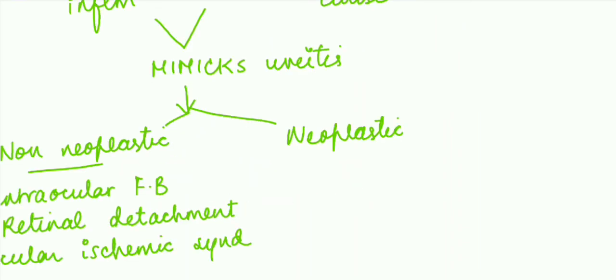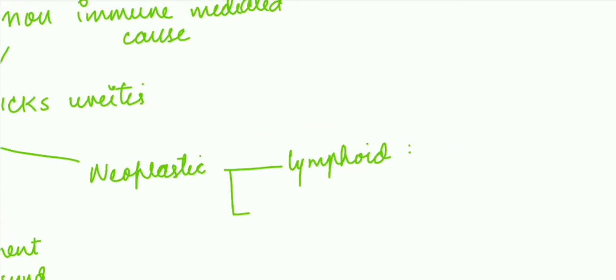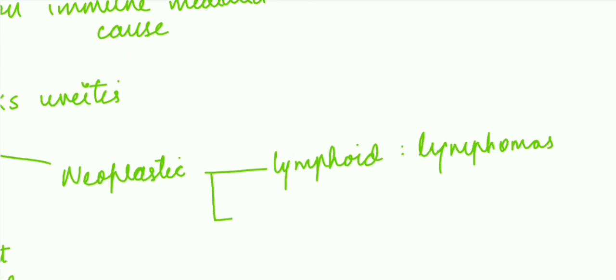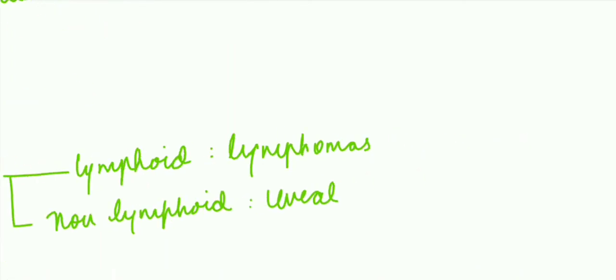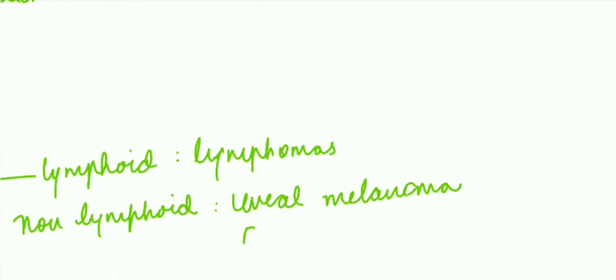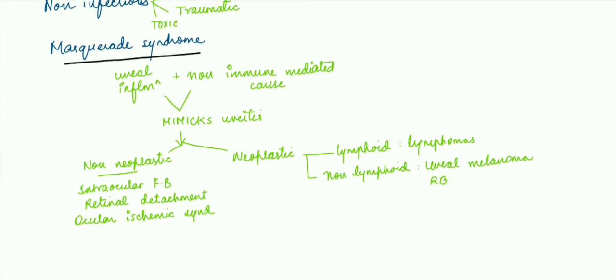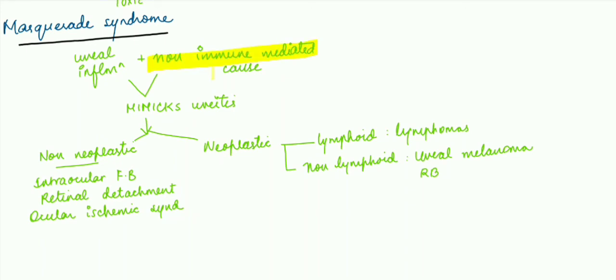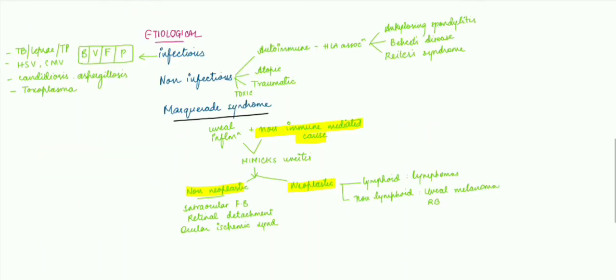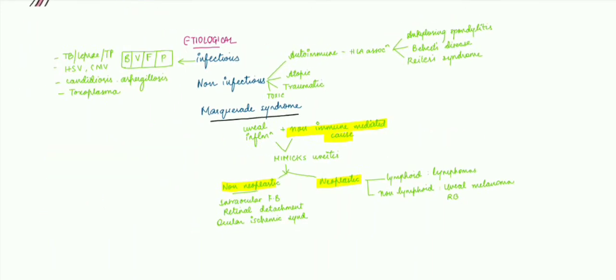And under neoplastic, we have lymphoid, that is lymphomas, and non-lymphoid, that is uveal melanoma and retinoblastoma. So that is about masquerade syndrome, in which we have a non-immune mediated cause and we have non-neoplastic and neoplastic causes. That is about all the types of classifications.